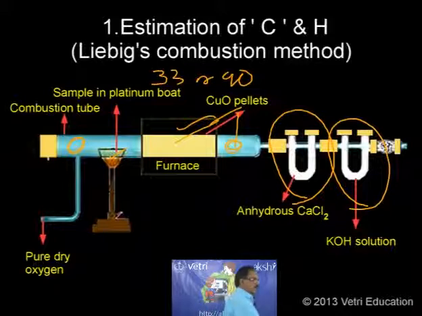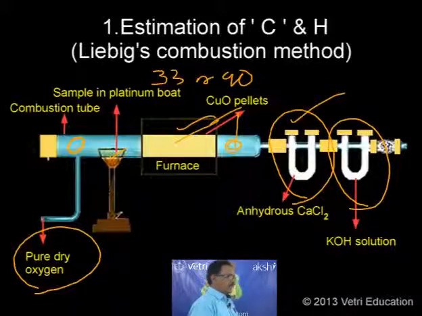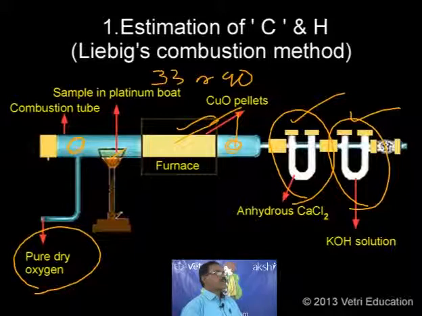These vapors pass through, because we are passing oxygen gas from the side, which carries all the vapors. When they come here, the first unit has anhydrous calcium chloride, which will absorb water. The carbon dioxide, without being absorbed, goes on to the potassium hydroxide solution, which will absorb the carbon dioxide. Kindly follow.